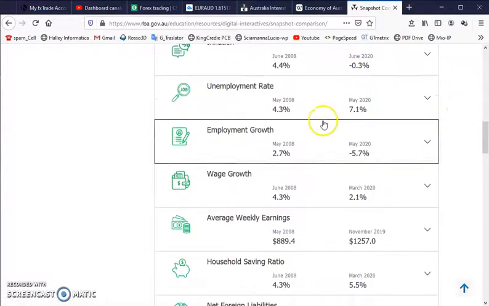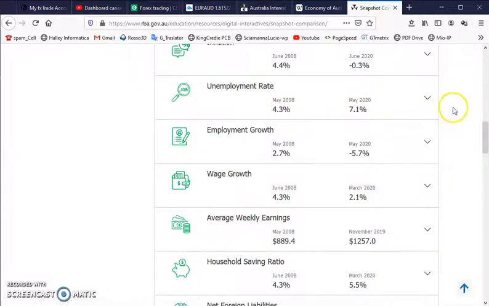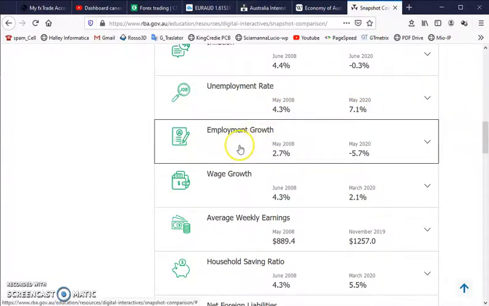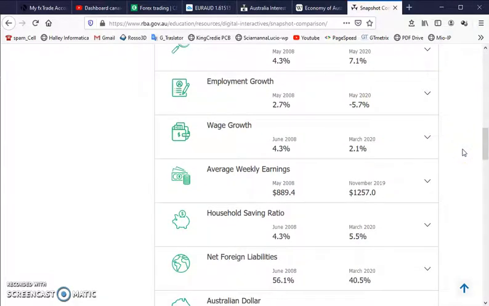Unemployment rate rose from 4.3 to 7.1. Of course, the employment growth lowered from 2.7, and now is minus 5.7. Wage growth decreased, but is still positive.